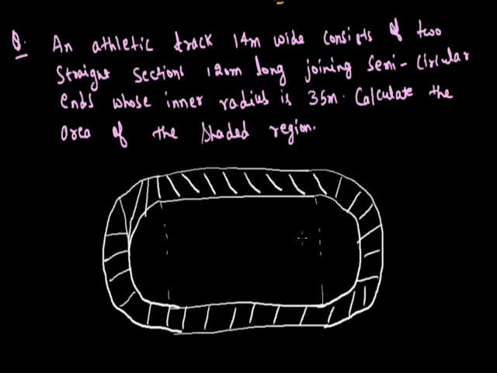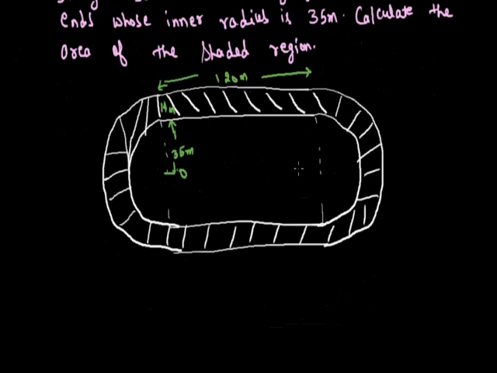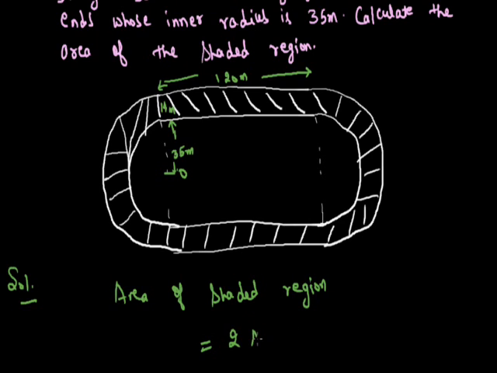Now this is the athletic track which is 14 meter wide. Let this be center, and this is 35 meter inner radius. This length is equal to 120 meter. Now we have to find the area of this shaded region. Now area of shaded region equal to twice area of rectangle.